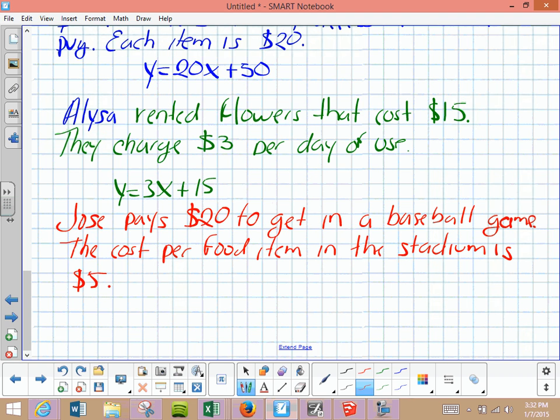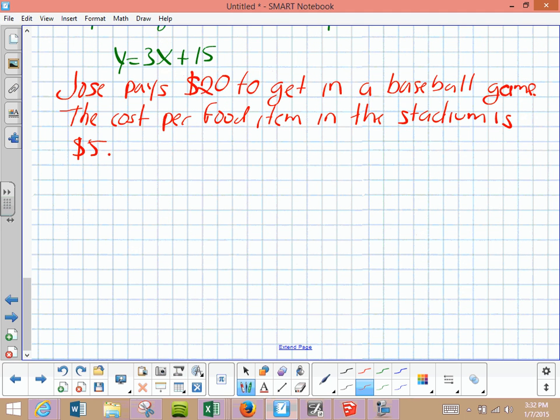That makes more sense. Not Javier. Ricardo, what is the equation? Yes. You pay $20 regardless, right? And the $5 will change the total price, depending on how much you're spending.